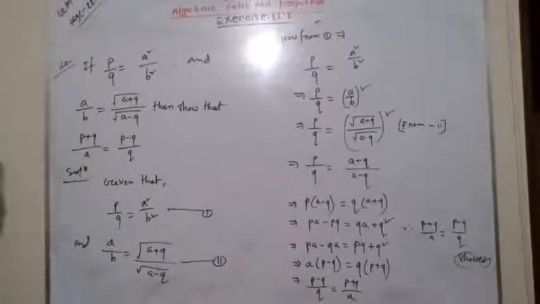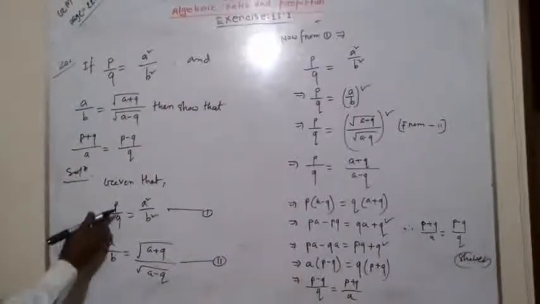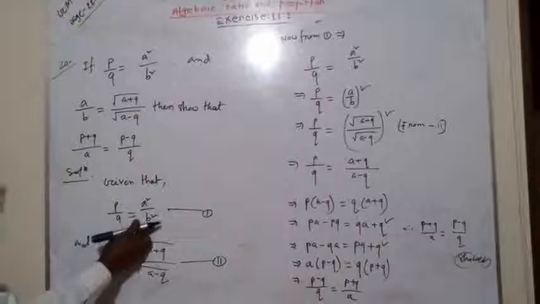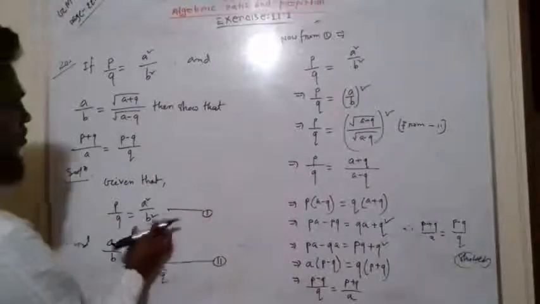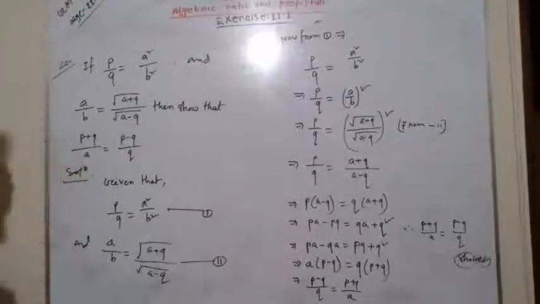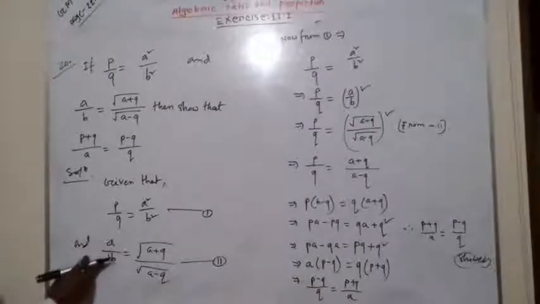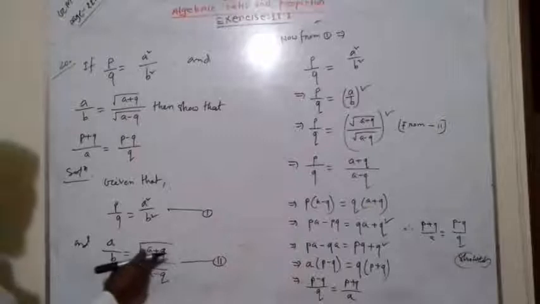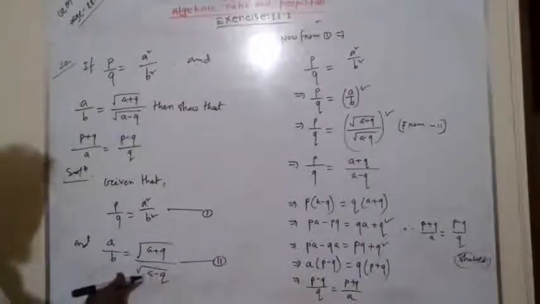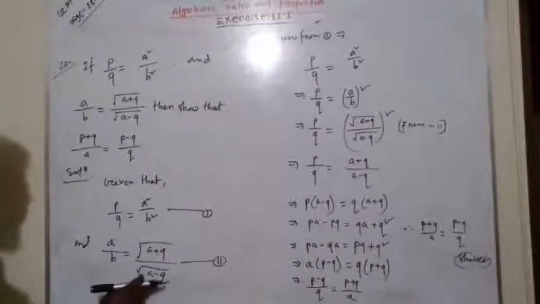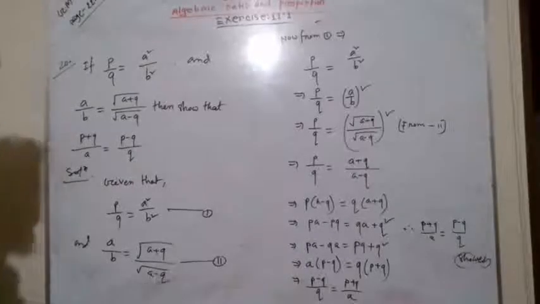Now start our solution. Given that p/q = a²/b², take this as equation number 1, and a/b = √(a + q)/√(a - q), taking this as equation number 2.